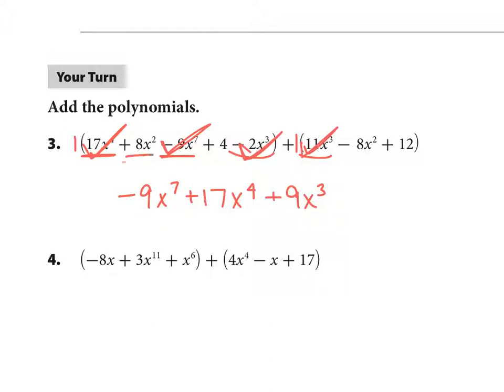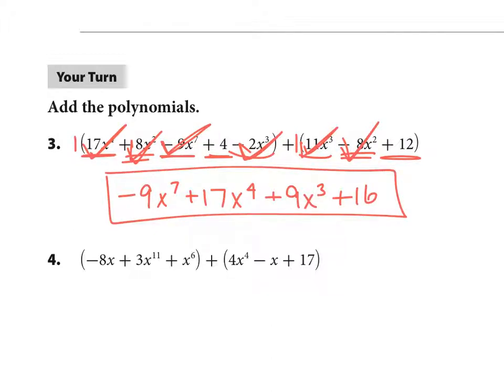Squared, I've got a positive 8x squared and a negative 8x squared, which are actually going to cancel each other out, so I'm going to use both of those. X to the 1, so that's anything that just has an x, I don't see anything like that. And then x to the 0, so that's going to give me plus 4 plus 12, which is going to be plus 16. All right, so there is my addition of polynomials.